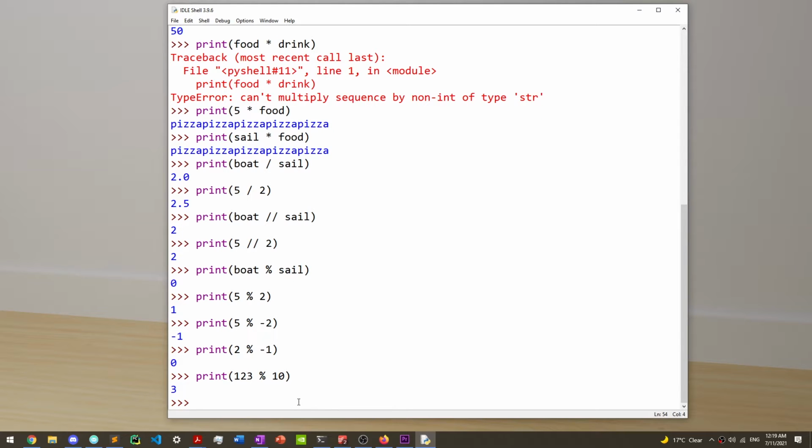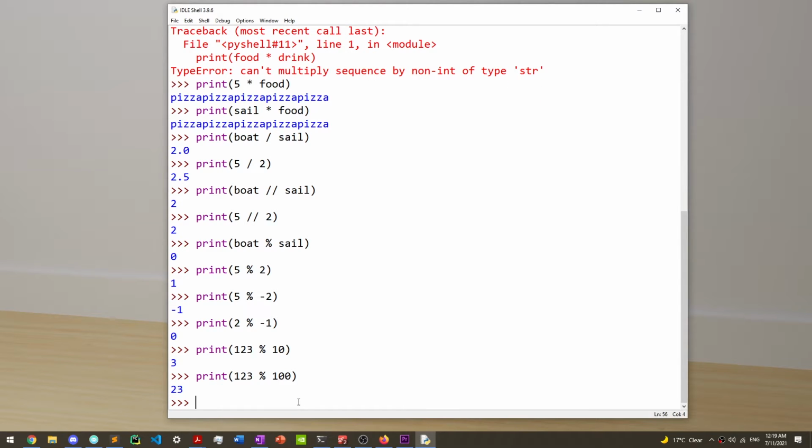So our remainder is 3. Now what happens if we do 123 mod 100? 123 divided by 100 just gives us an answer of 1, because 100 fits into 123 exactly once, and then it will just give us an answer of 23 left over.